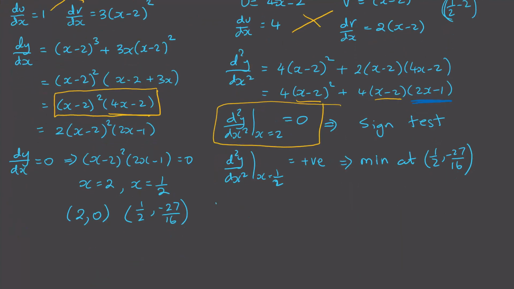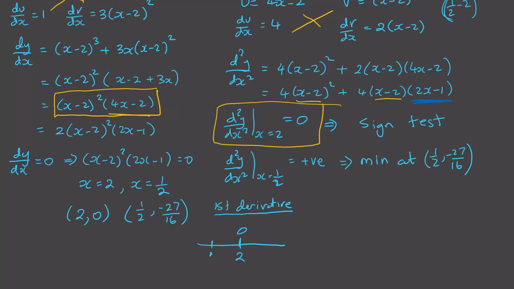Okay, so if we do the first derivative sign test, we're looking at the one where x is 2. That was where our problem was. Now if we go to the left of that, say 1, well we know the gradient was 0 here.